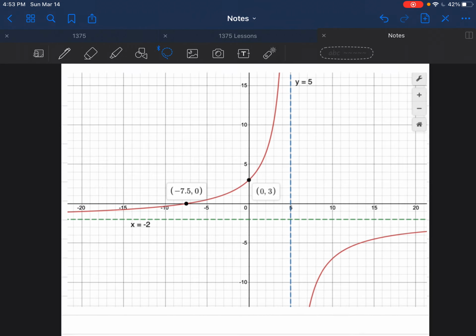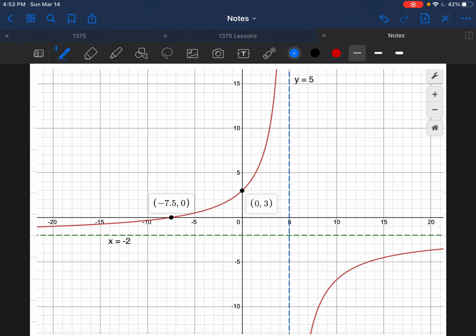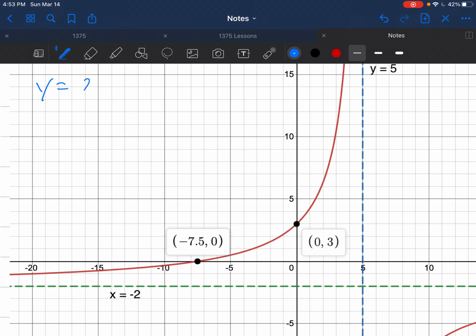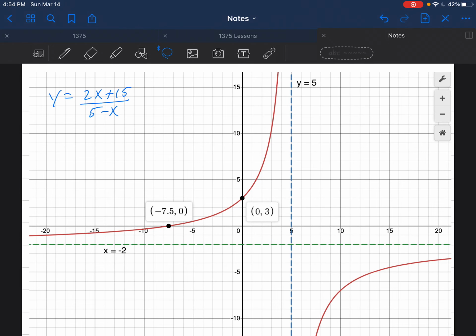So here I pulled up this graph on Desmos. This is the graph of y equals 2x plus 15 over 5 minus x. So let's take a look at some of the components here.